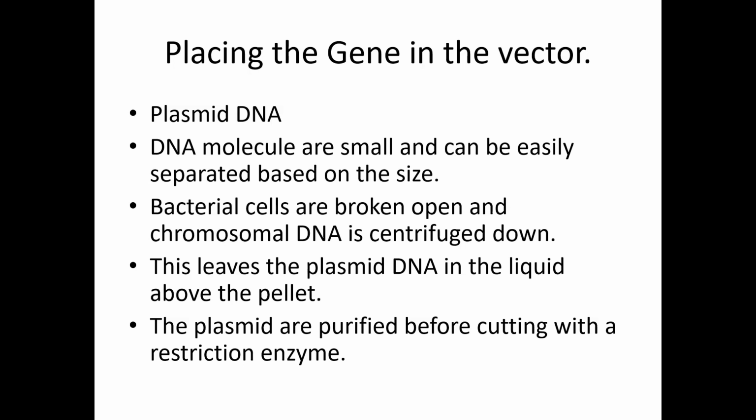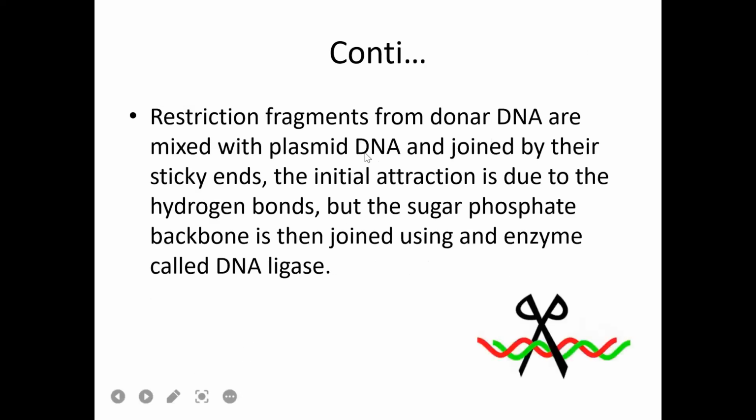Okay. Then the plasmids are purified before cutting with a restriction enzyme. Then restriction fragments will be there, no? From the donor DNA, meaning from the organism from which we took the DNA, will be mixed with the plasmid DNA and joined by the sticky ends. The initial attraction is due to the hydrogen bonds.